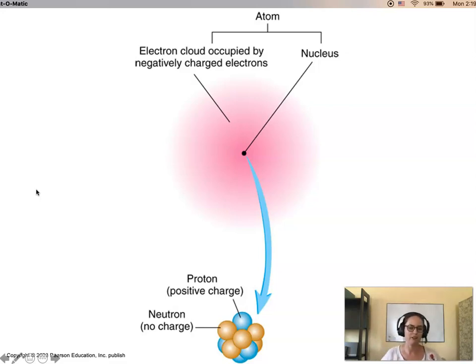In fact, if you're into physics, once we figure out the location of an electron, we've lost the speed. Once we figure out the speed, we've lost the location. It's actually kind of a big deal in physics that this cloud of probability that we've defined for the location of our electrons is a cloud of probability. We don't actually know where that electron is in this cloud at any given moment.